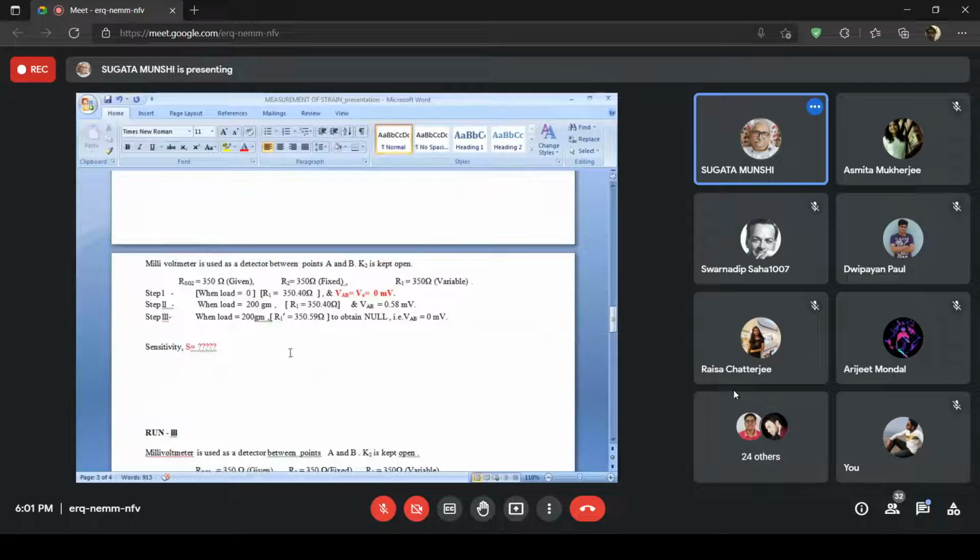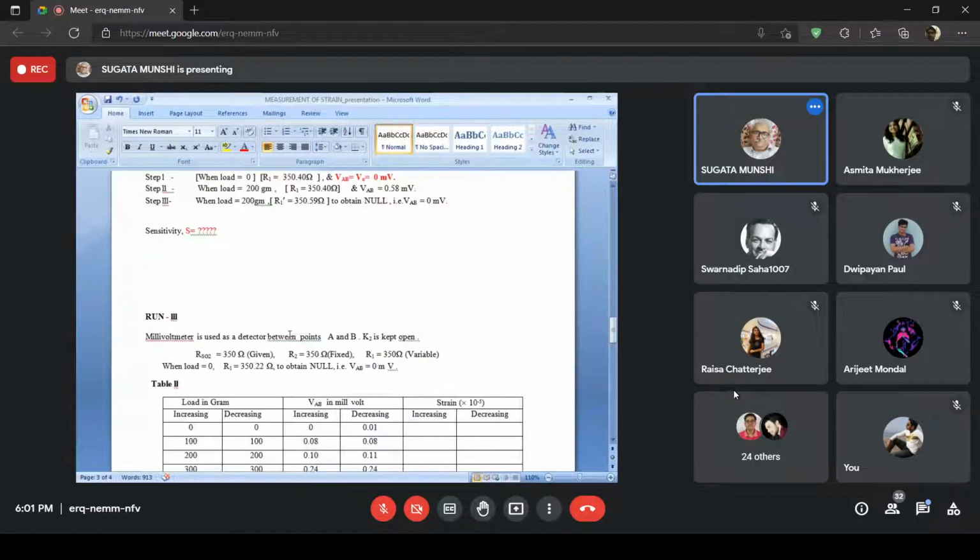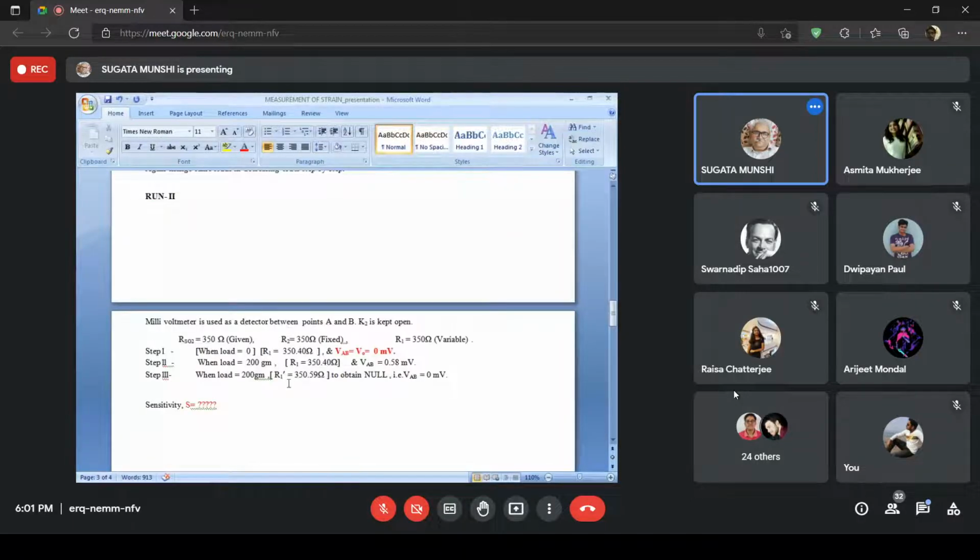Let me just check. Oh yes. When load is 200 grams, R1 equal to 350.4 and VAB is 0.58 millivolt, the unbalanced voltage. Now you adjust R1 to obtain null. All right. With the load impressed, you obtain null. That is VAB equal to 0 millivolt.